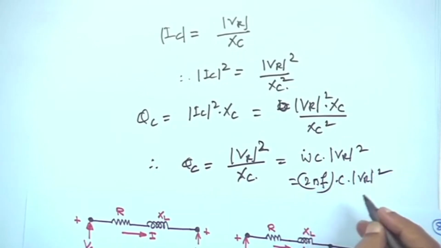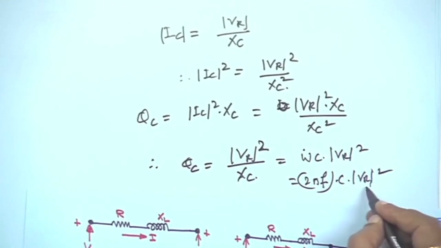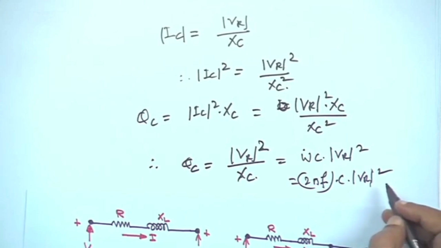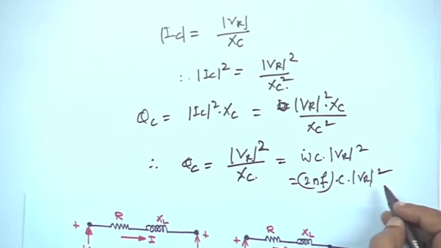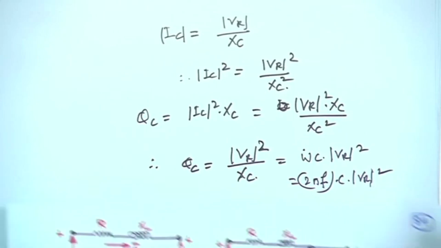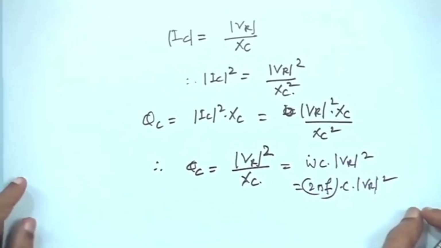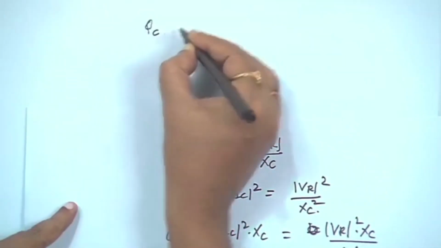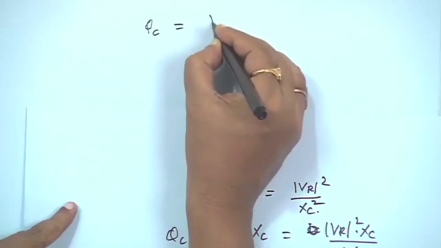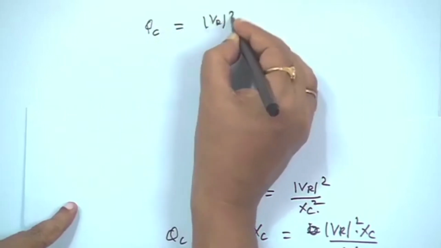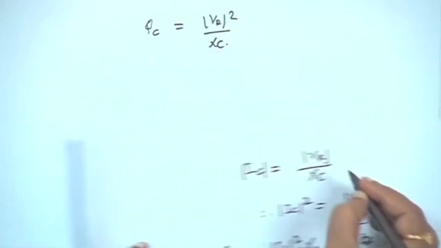This frequency f remains more or less constant, and for a nominal voltage, if we assume VR is constant, naturally the capacitor is a constant impedance type of load, because frequency is not changing. Second thing is, as I said, the QC injected is proportional to the voltage square. Just now we saw QC is equal to VR square upon XC.